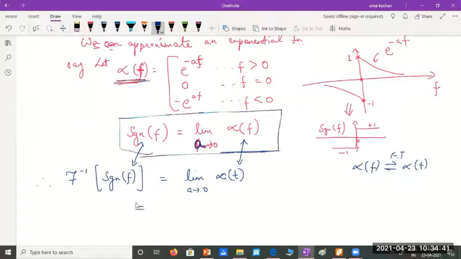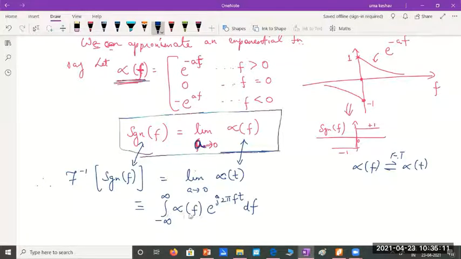So I can say this is approximately equal to the integral from minus infinity to plus infinity. How do I find the IFT? What's the expression for inverse Fourier transform? Given signal into e to the power of plus j2 pi ft df. Yes or no?